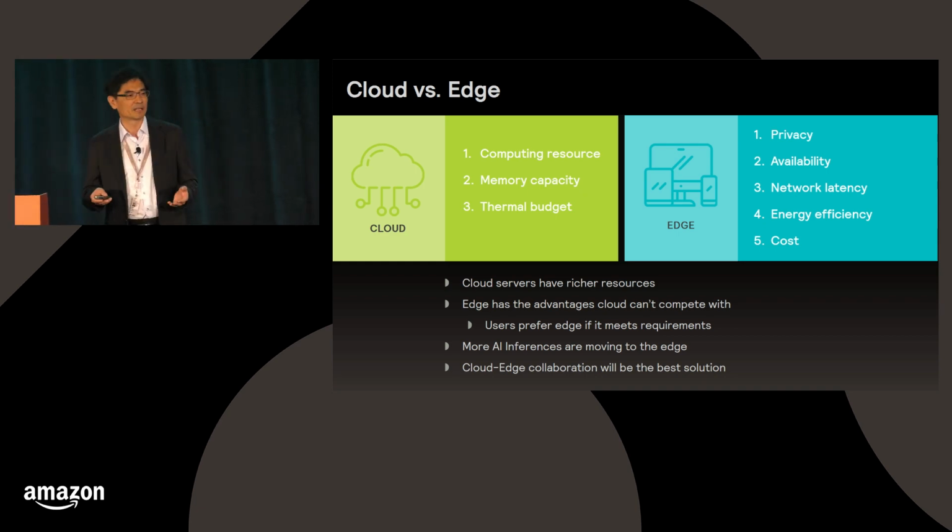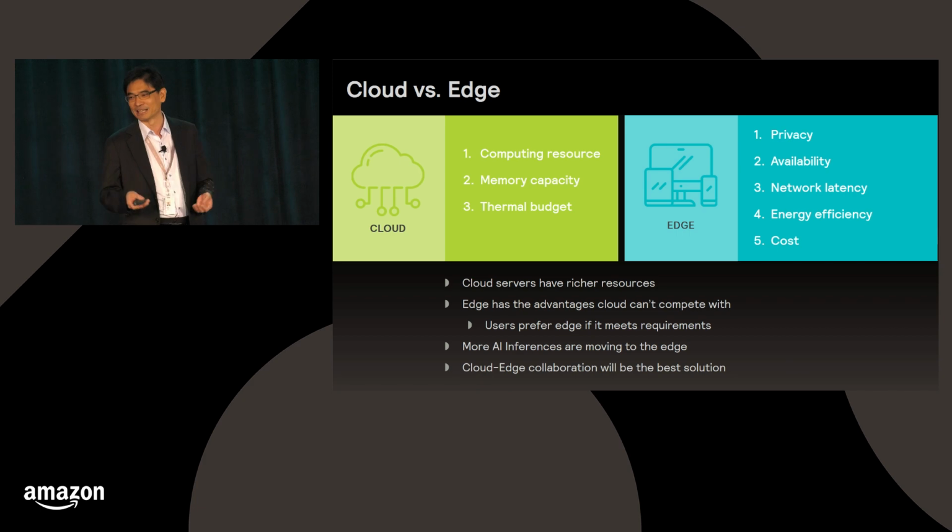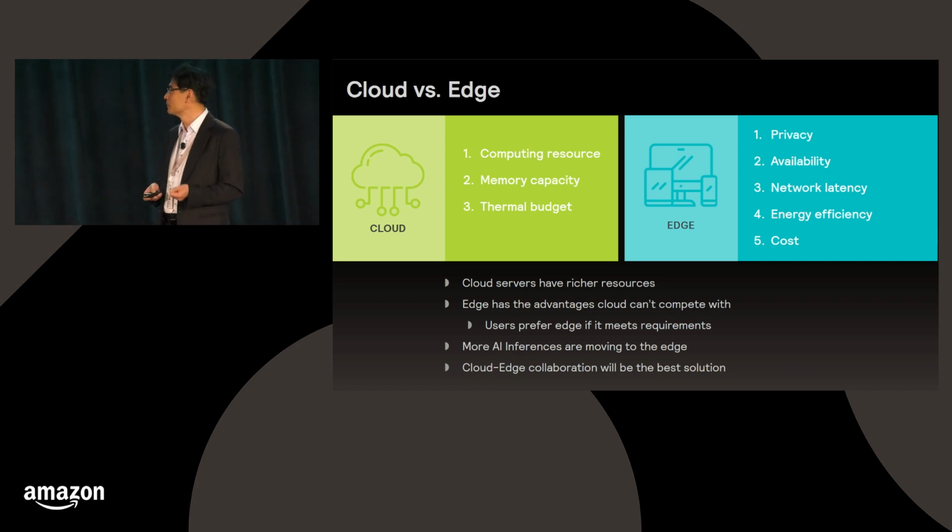I believe that if you have a choice, you don't want to upload your data to the cloud. For example, a browser provides a function for you to delete your historical data, but it's better not to upload it. So privacy definitely, and also edge is always available.